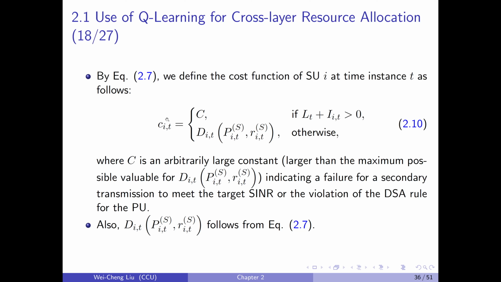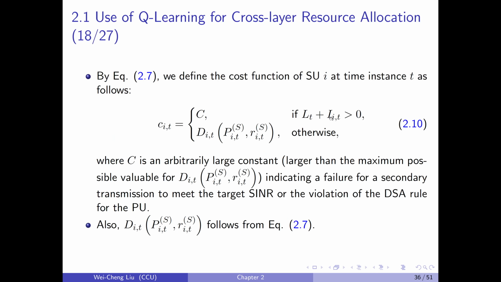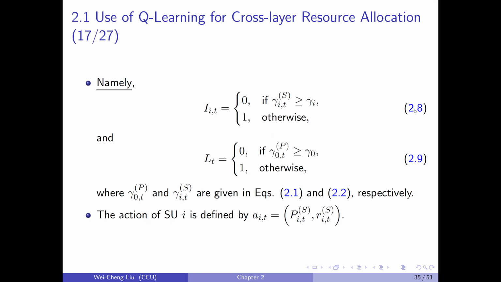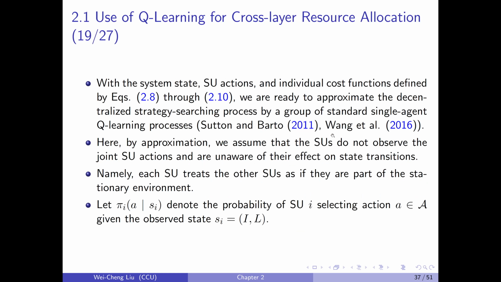So small c_i^t, that is the cost function, is equal to a large constant capital C if L^t plus I_i^t is greater than 0, where L^t is defined in equation 2.9 and I_i^t is defined in equation 2.8. And small c_i^t is equal to D_i^t of P_i^{s,t}, R_i^{s,t} otherwise. Let us go back to algorithm 1.